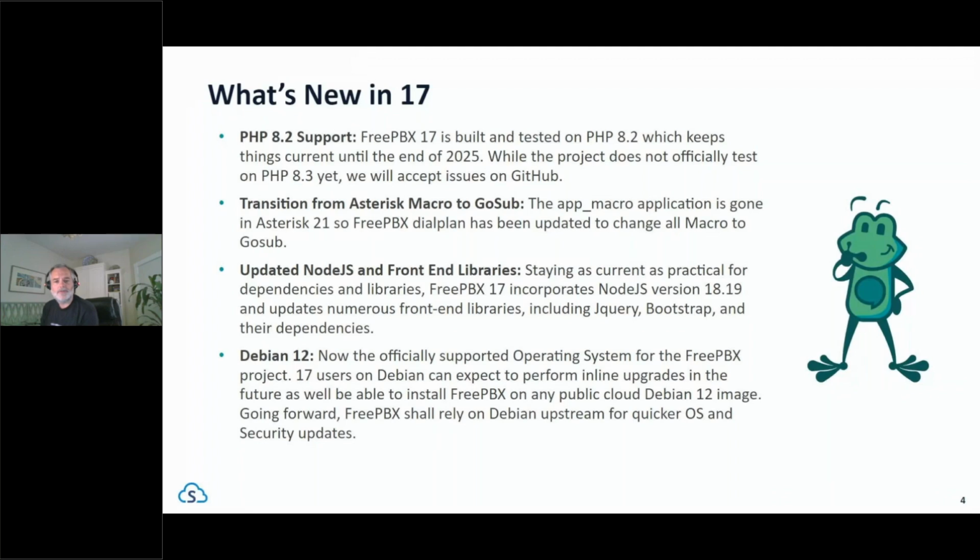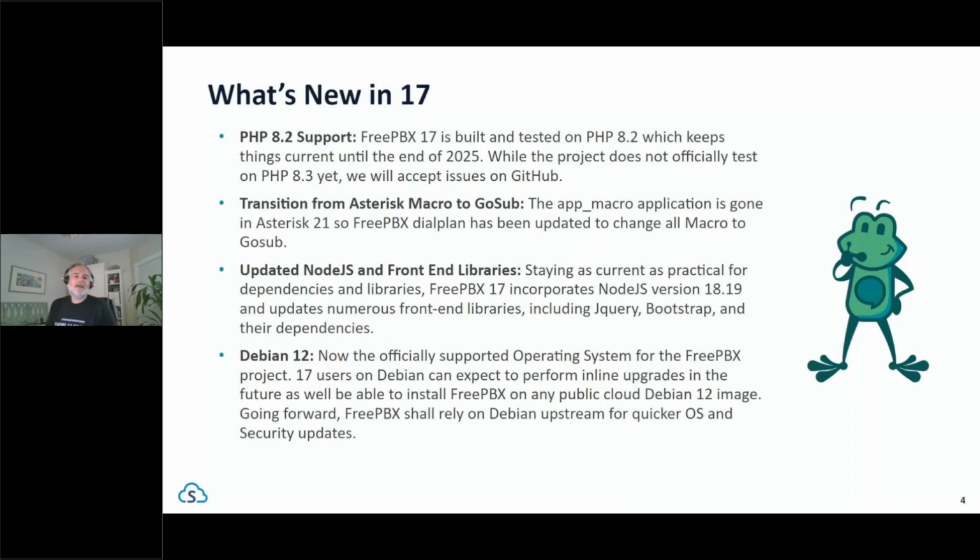Anyone who has gone through and tried to install third-party applications or modules on a FreePBX distro system in the past has occasionally been stymied by the lack of current Node.js support. So that is resolved. I just ran an install yesterday. Node.js version is 18.19, which is newer than what we were testing with even as recently as a month or two ago in the beta version.